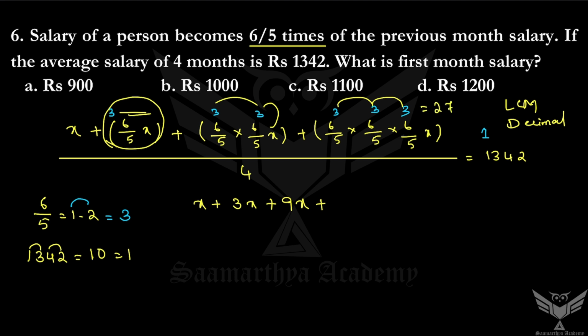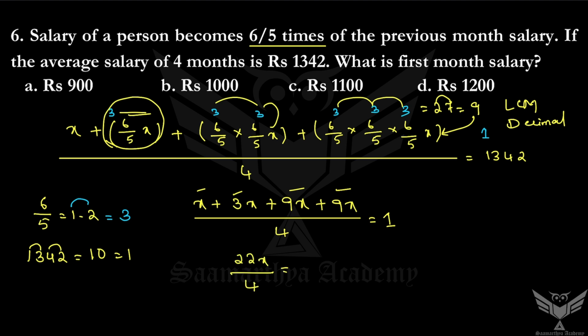Again it is making a bigger value, so add 2 and 7 to make it 9, so 9x, all divided by 4, which is equal to 1. Now add all the values. 9 plus 9 is 18 plus 3 is 21 plus 1 is 22x divided by 4 is equal to 1. Now again do the same thing. Wherever you get a 2 or 3 digit number, add and make it a single digit number. 2 plus 2 is 4.